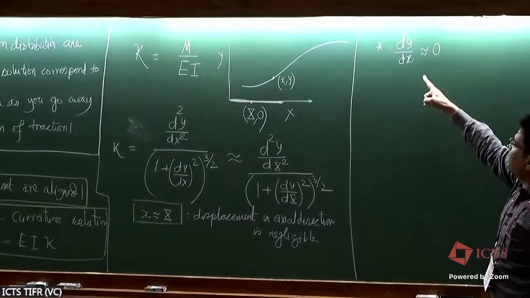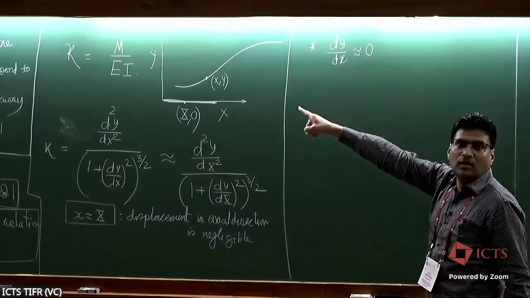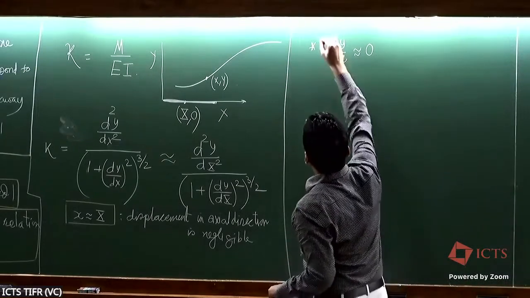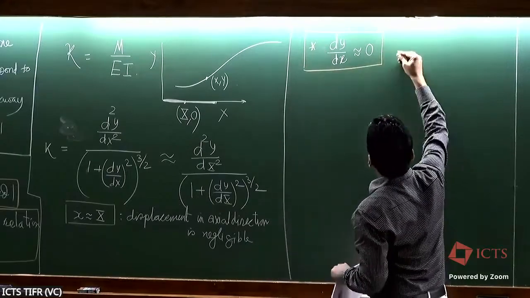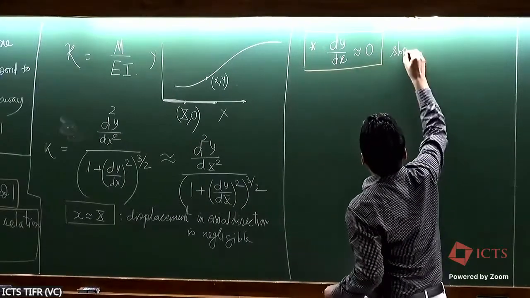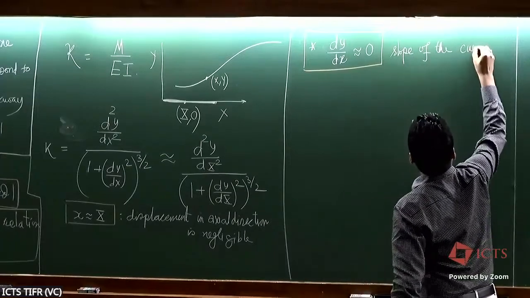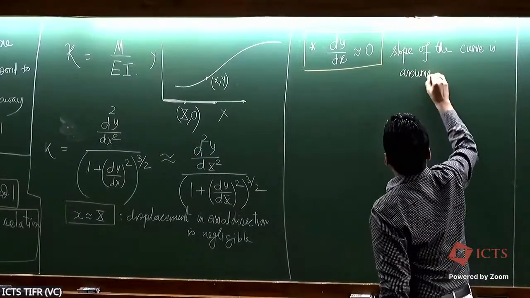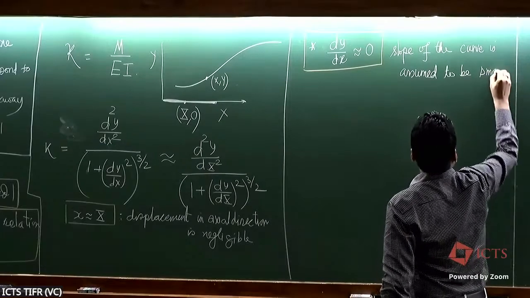And dy by dx has the physical meaning of the slope of the curve, right? So that's the next approximation. Slope of the curve is assumed to be small enough.